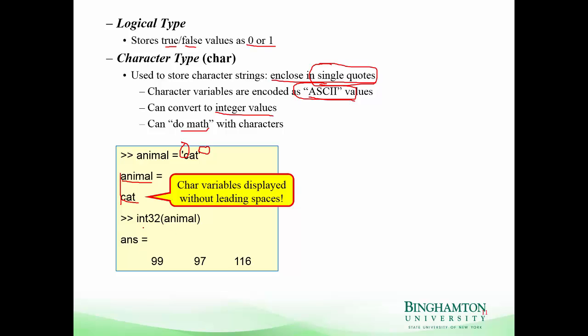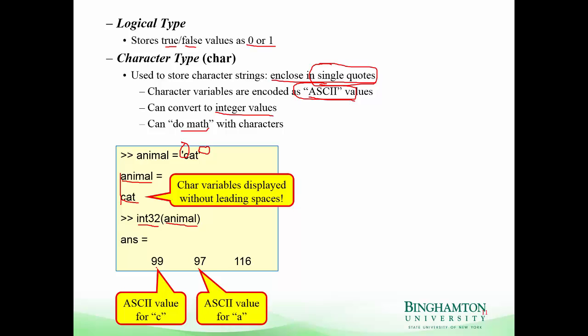Whereas down here on the next line, we use the command int32. This has already been defined as a character variable, and so it's going to convert each character in the string into its ASCII value. So 99 is the ASCII value for lowercase c, 97 is the ASCII value for lowercase a, and I don't show it there, but 116 is the ASCII value for lowercase t.